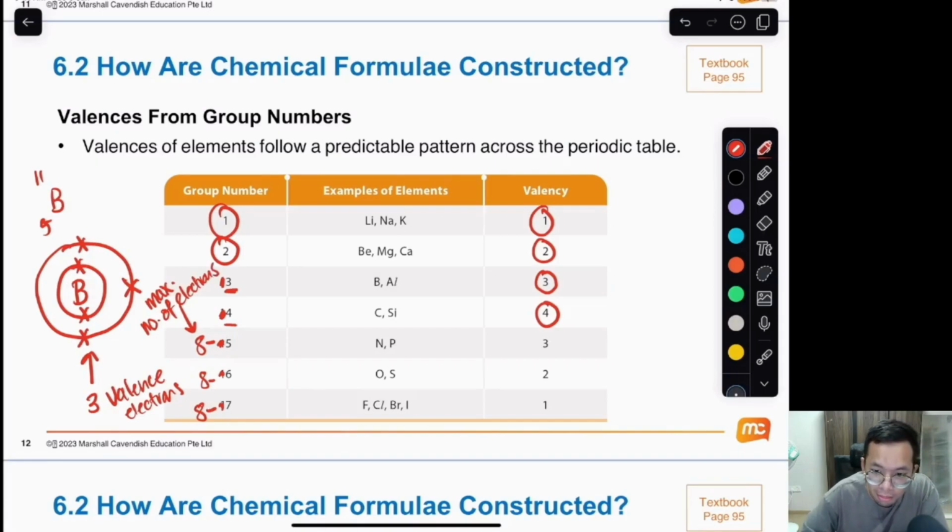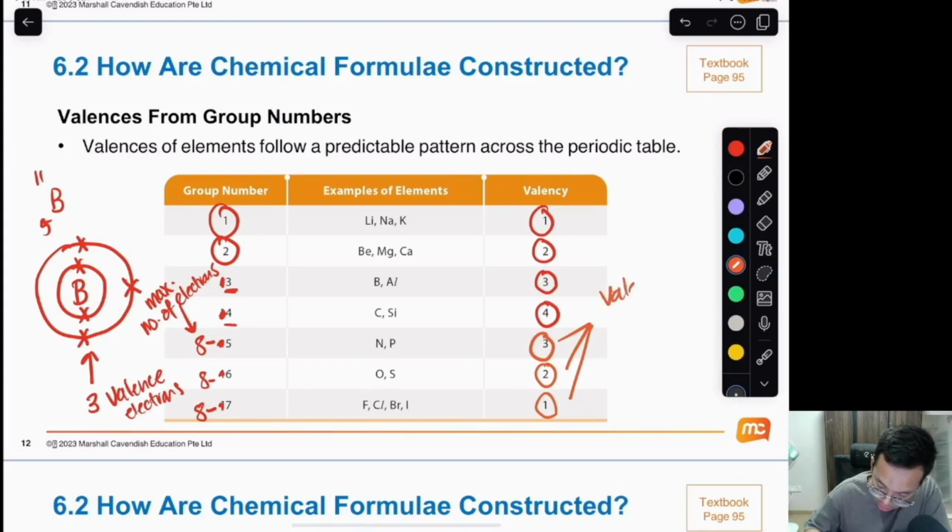So you take 8 minus 5, and you are left with 3, 2, and 1. This is the valency.